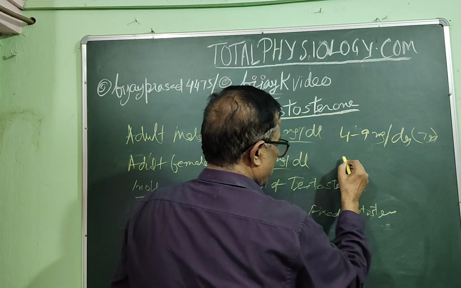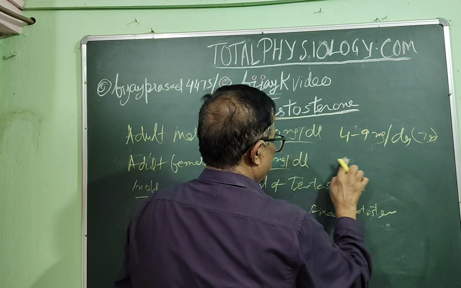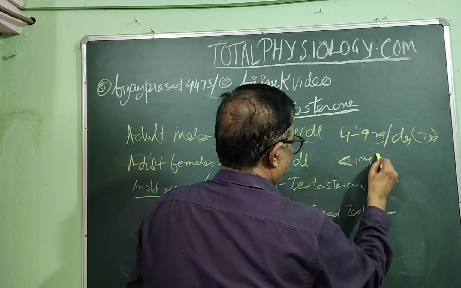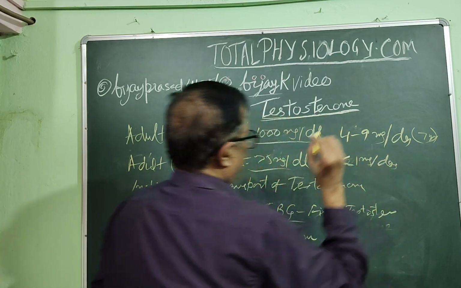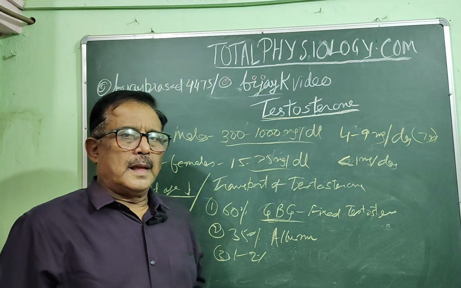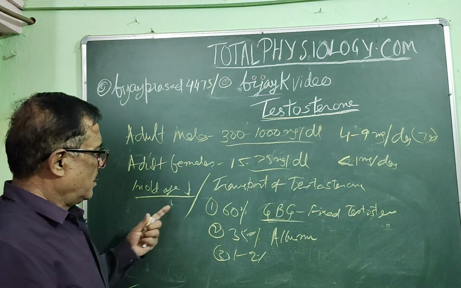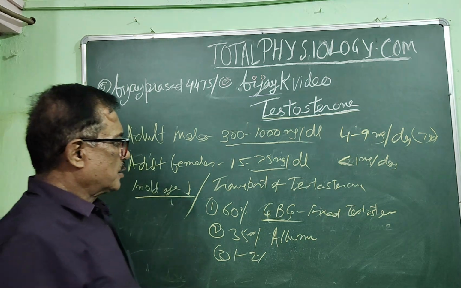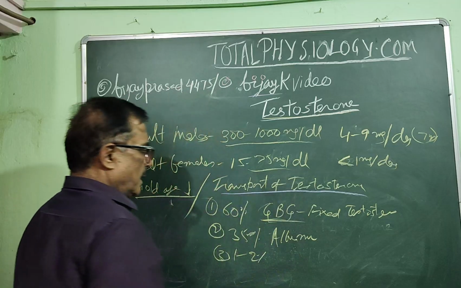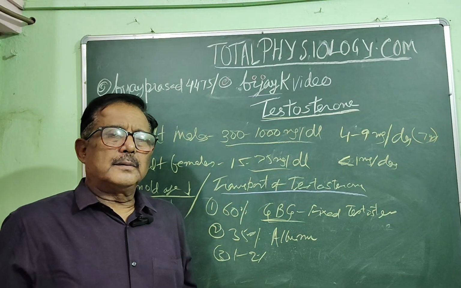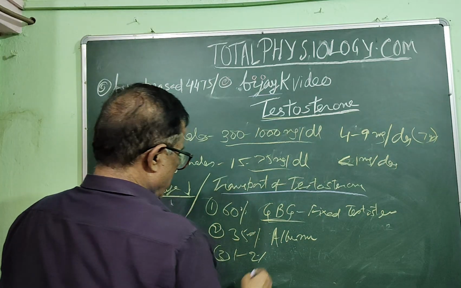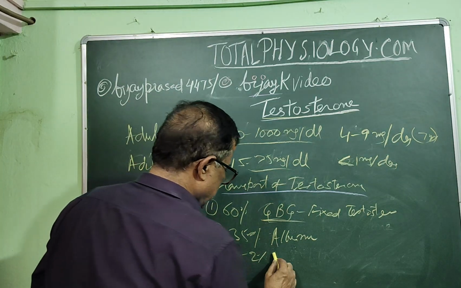In females, it is below 1 milligram per day. This is normal, and in old age it decreases. Transport of testosterone is by gonadal steroid binding globulin, then albumin, and 1 to 2% in the free state.